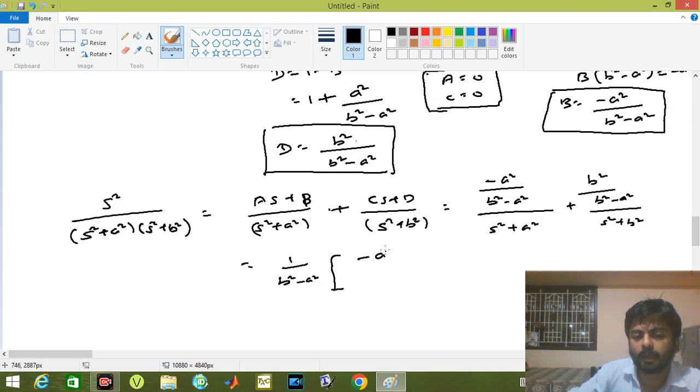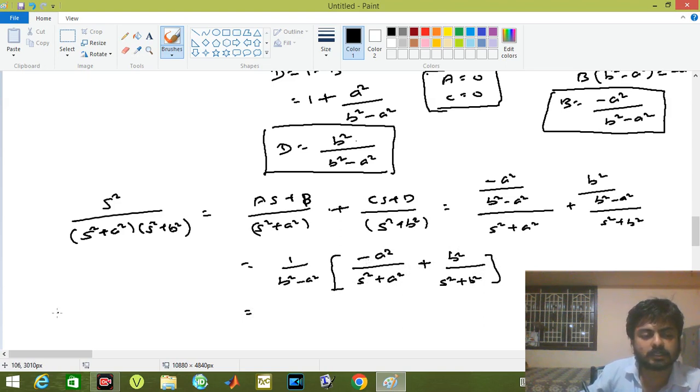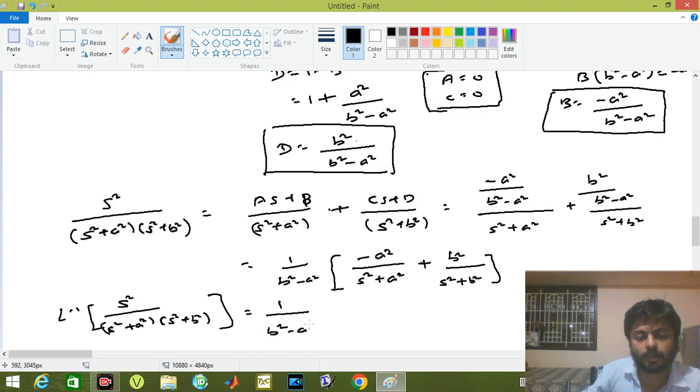So you will have minus a square divided by a square plus a square plus b square divided by a square plus b square. So the result will be, here the minus is excess, so L inverse of a square divided by a square plus a square into a square plus b square equal to 1 by b square minus a square of, here you should have only minus a, and here you should have only b.